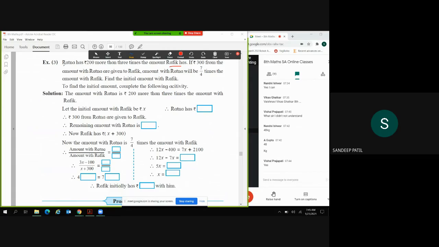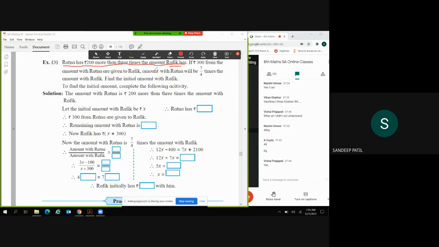So we will start: Ratna has 200 more than 3 times the amount of Rafiq, right? So it shows clearly that we have to assume for Rafiq. That is also one type of problem; we can go with Ratna also, but the formulation becomes a bit complicated.